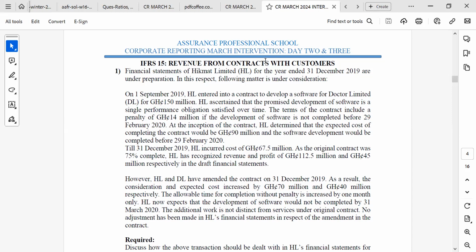As a result, the consideration and expected cost increased by 70 million Ghana cedi and 40 million respectively. The allowable time for completion without penalty is increased by 1 month. HL now expects that the development of software would not be completed by 31 March 2020. The additional work is not distinct from services under the original contract. No adjustment has been made in HL's financial statements in respect of the amendment in the contract.